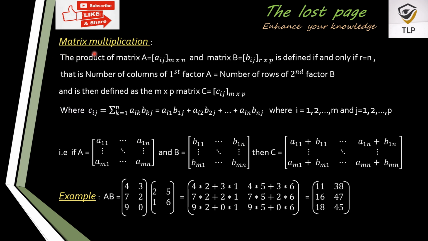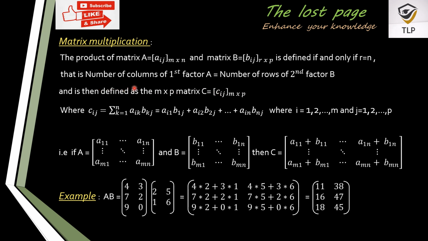Now, matrix multiplication. The product of matrix A equal to aij of order m cross n and matrix B equal to bij of order r cross p is defined if and only if r equal to n.